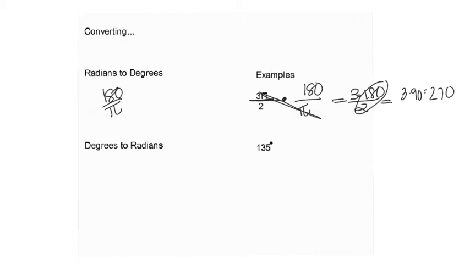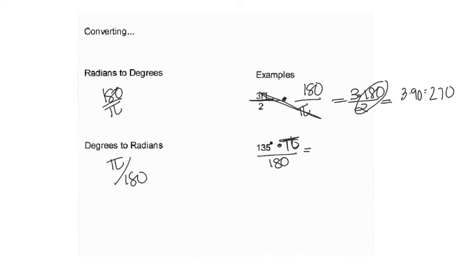Degrees to radians, I always think I want pi in my answer. So I'm going to multiply by pi over 180. So then how would you do this one? That looks like the word 2 and not a pi, but I promise it's a pi. Well, you could break this down into its prime factors, is kind of what you should be doing.